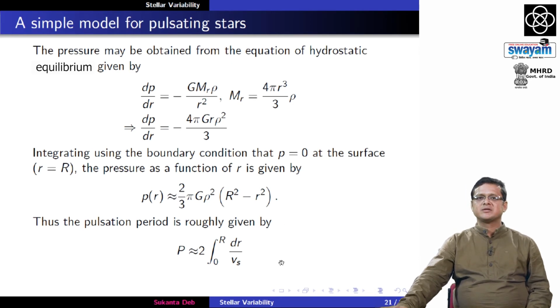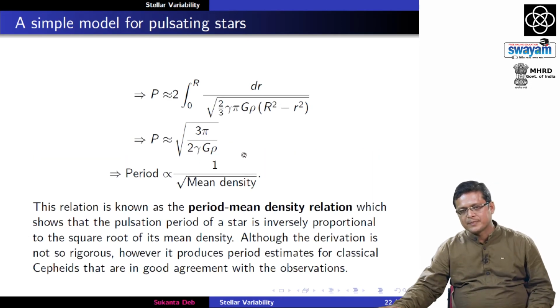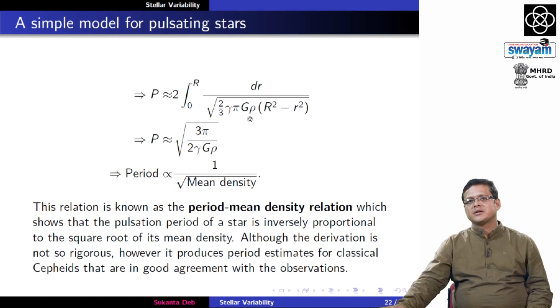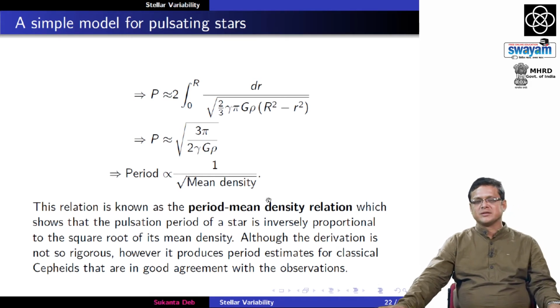Thus, the pulsation period is roughly given by 2 times the integration from 0 to R of dr by V s, and this integration can be solved to find capital P is equal to square root of 3 pi divided by 2 gamma G rho, and so therefore, the period goes as 1 by square root of the mean density.